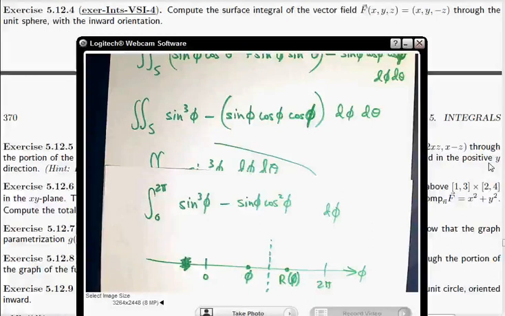The more obvious way to do it is have theta go from 0 to 2 pi all the way around, and then phi just does 0 to pi. But he's pointing out, and this is a valid observation, that instead you could have theta just go from 0 to pi, just halfway around, and then with phi go all the way around. And you get these little rotating circles that trace out the whole sphere that way.